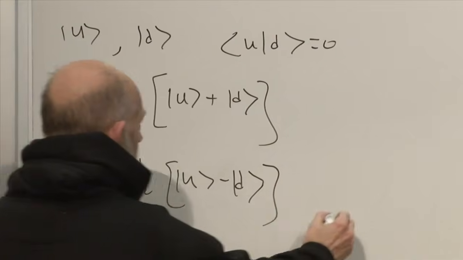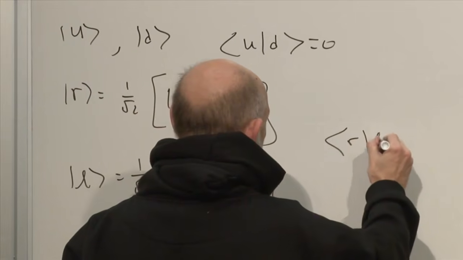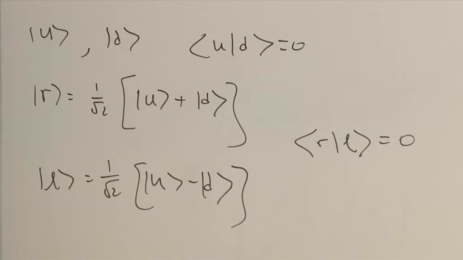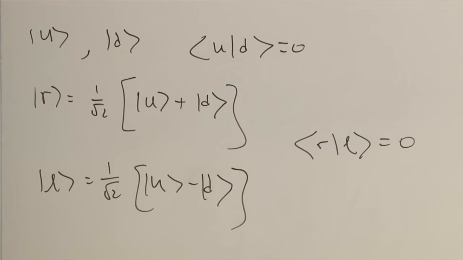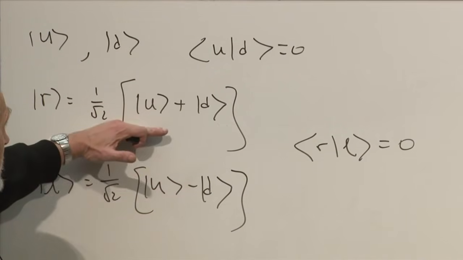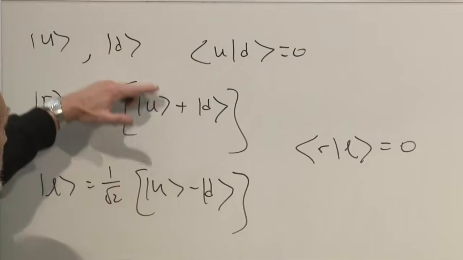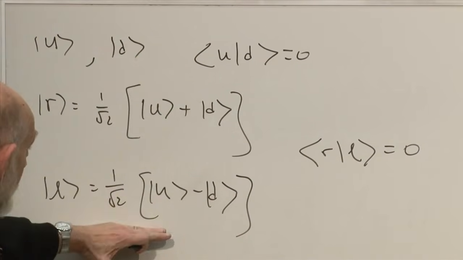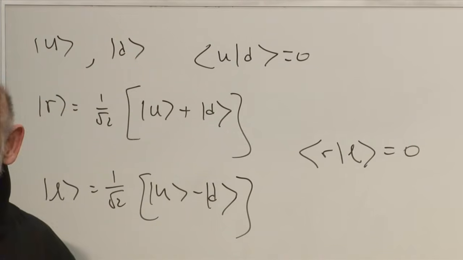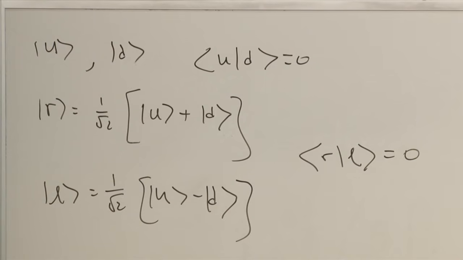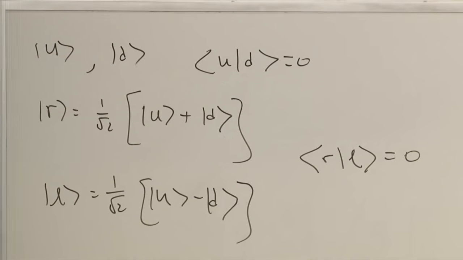We also have the inner product of right and left equal to 0. Moreover, we have something that I'm not going to write, but I'll say it anyway. If you start with right and you say, what's the probability for up and down? It's 1/2. If you start with left and ask, what's the probability for up and down? It's 1/2. What happens if you start with up and down? What's the probability for right and left?